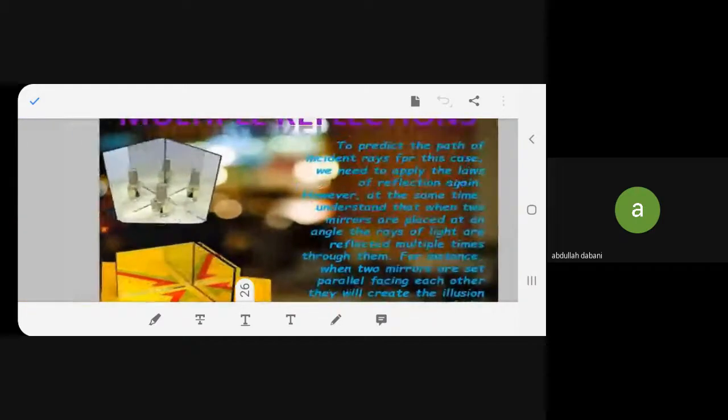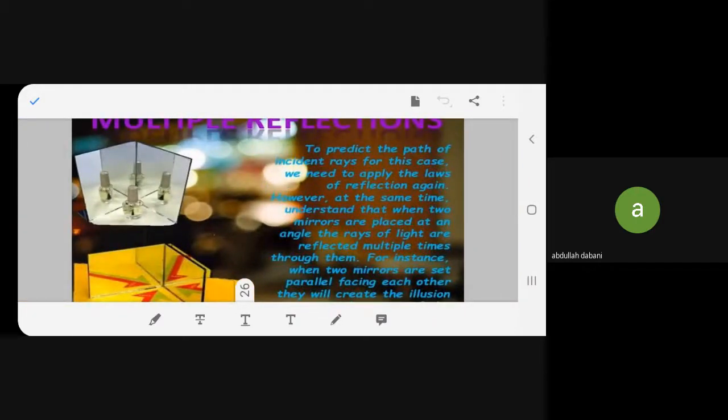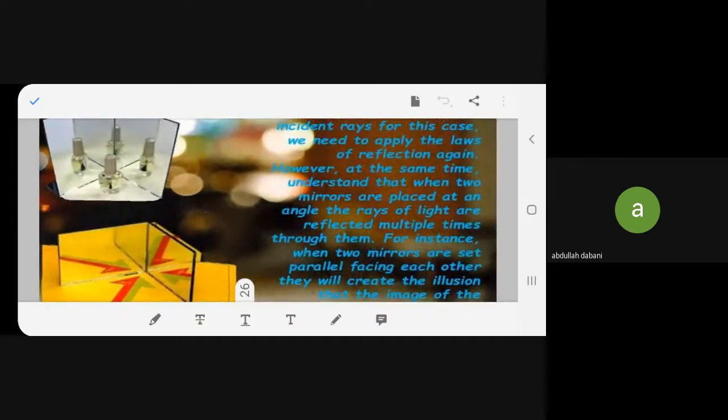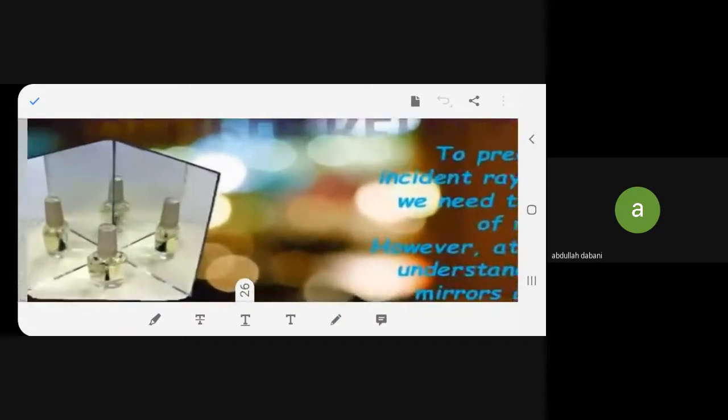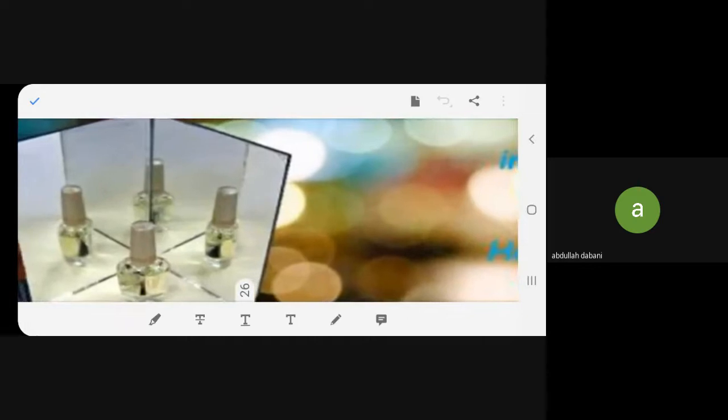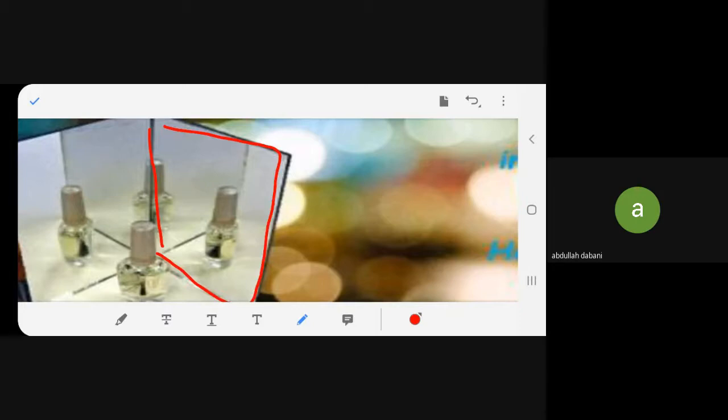What is written over here? That if the glasses are parallel, can you see this? This is one glass. Okay? You got it now? There will be another glass over here in front of it.